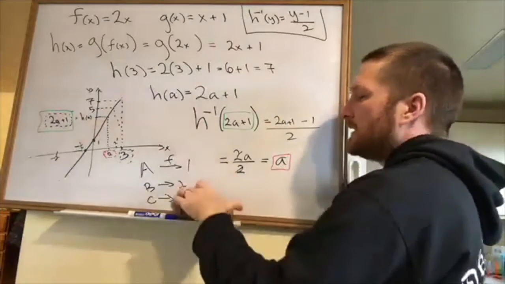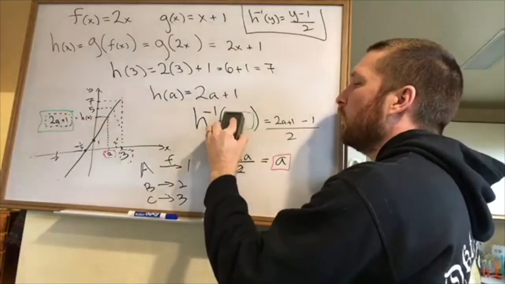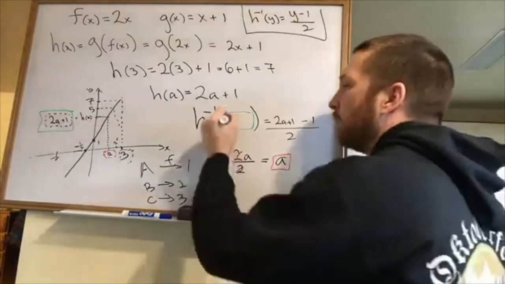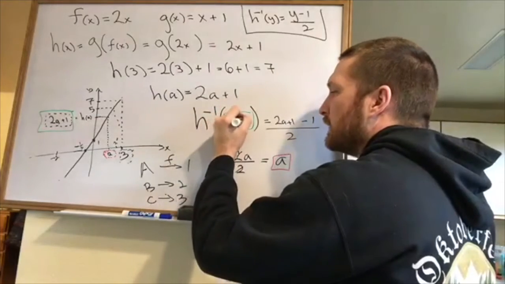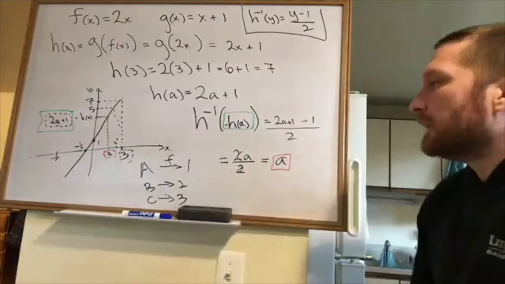So what I'm going to do is take that and replace it with the symbol for it, which is h of A. Let's say, okay, the output is equal to h of A, whatever that happens to be. It's the formula, but yeah.